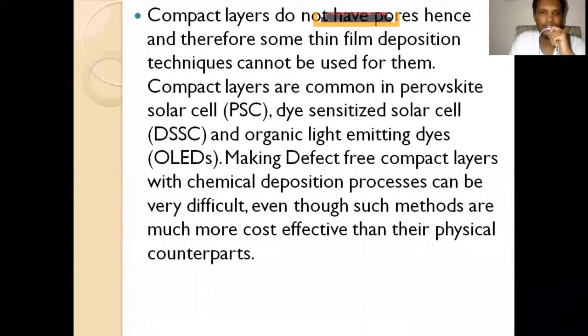One way of improving current TiO2 compact layers is by doping them with antimony. In previous studies, antimony doped TiO2 has been shown to have good electrical properties compared to its undoped counterpart. In this study, we wish to experiment with antimony doped TiO2 compact layers.